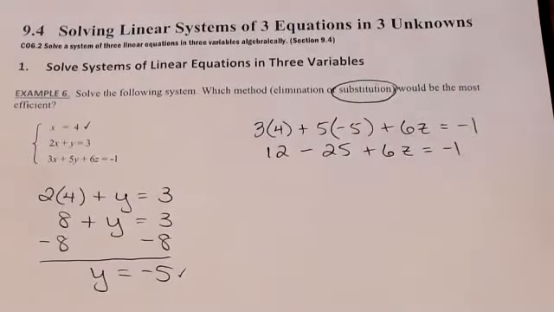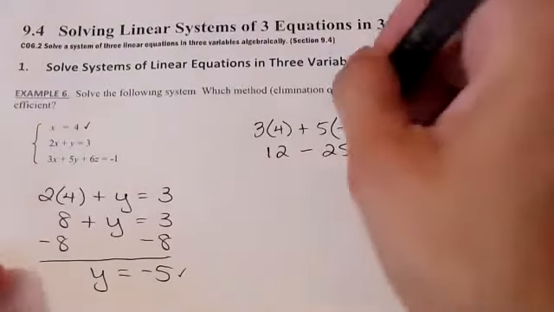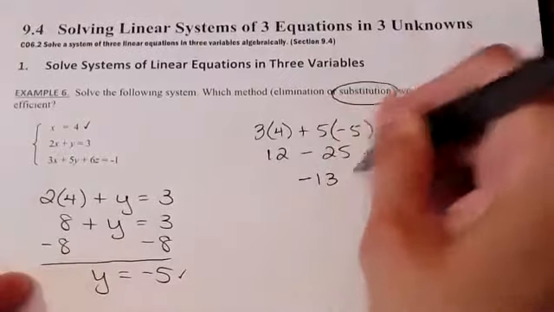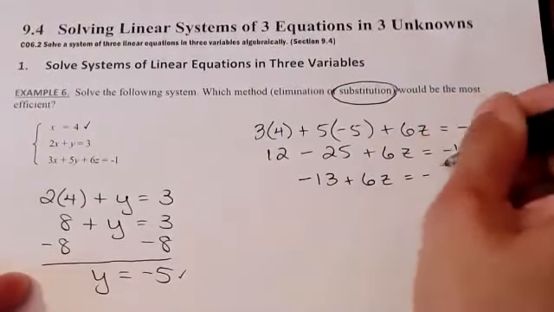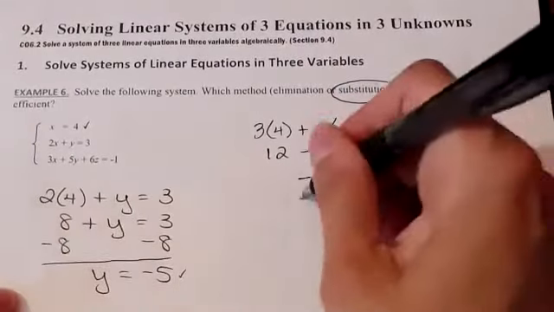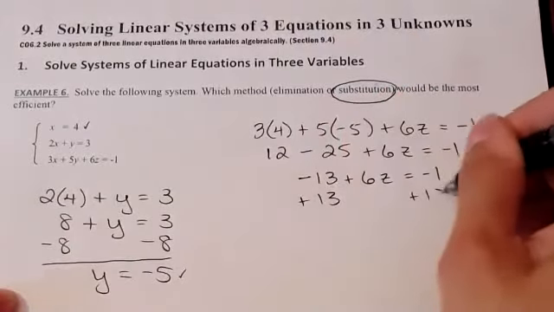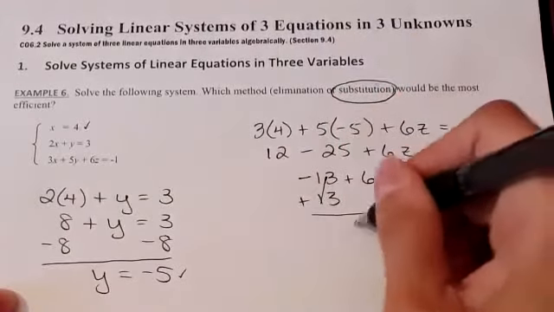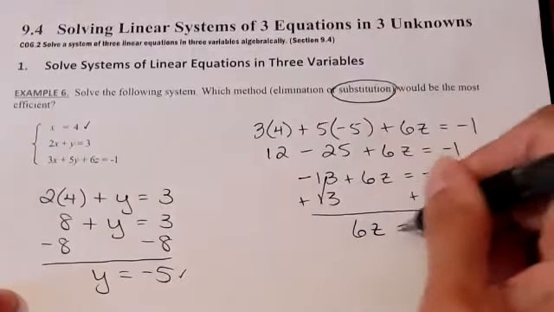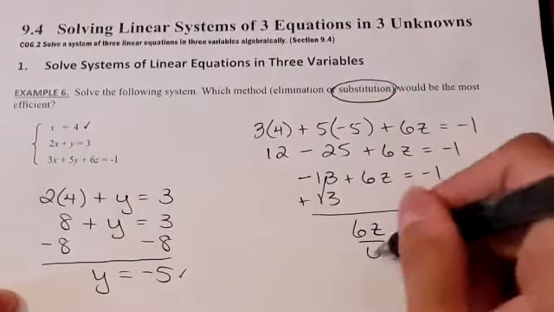My advice all the time is to combine like terms that are on the same side. So cleaning these up, that gives us -13 plus 6z is equal to -1. Go ahead and add 13 to both sides. 6z is equal to 12, and then divide by 6.